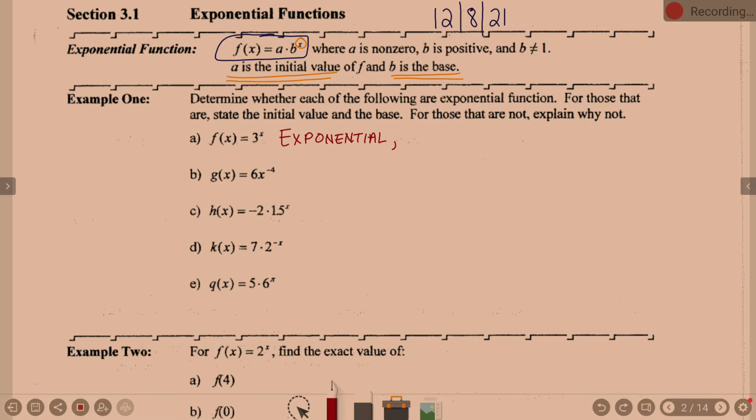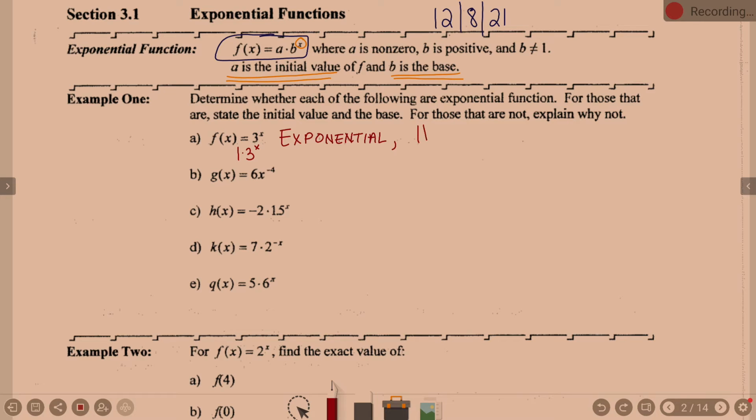Because the base is whatever's being raised to x, and what's being raised to x here is 3. Ireland mentioned 1. Where is there a 1? Well, there's not really a 1 in there, but is 3 to the x the same as 1 times 3 to the x? And it is. So this is one of those cases where there's no initial value showing, but if you multiply by 1, that doesn't change anything, so initial value of 1.